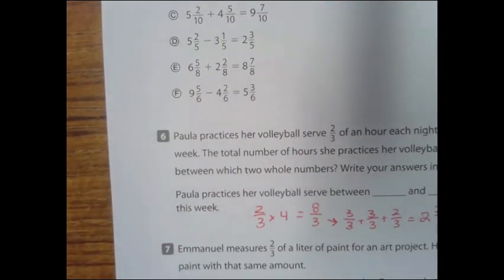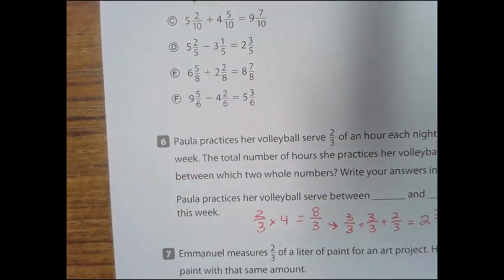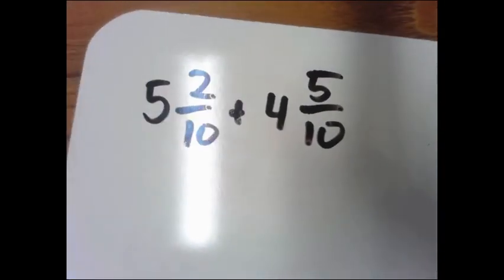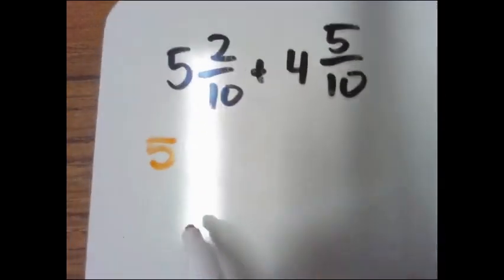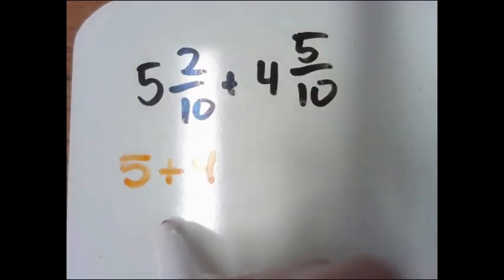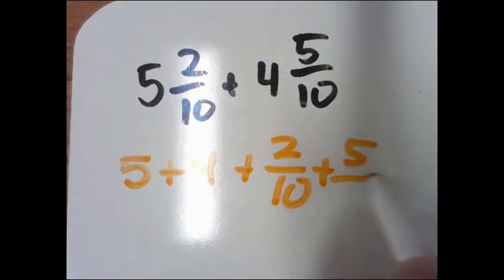All right. C is 5 2/10 plus 4 5/10 equals 9 7/10. So let's do that out. 5 2/10. So break apart and add. 5 plus 4 plus 2/10 plus 5/10.